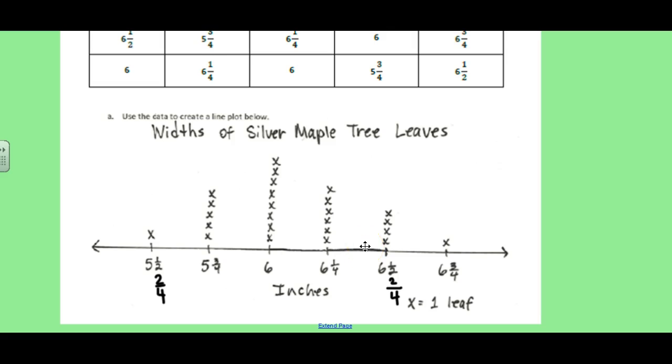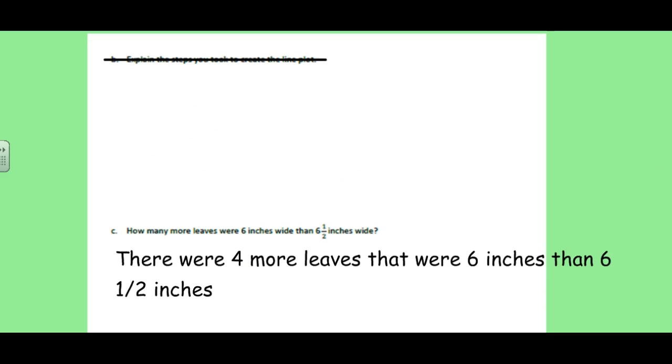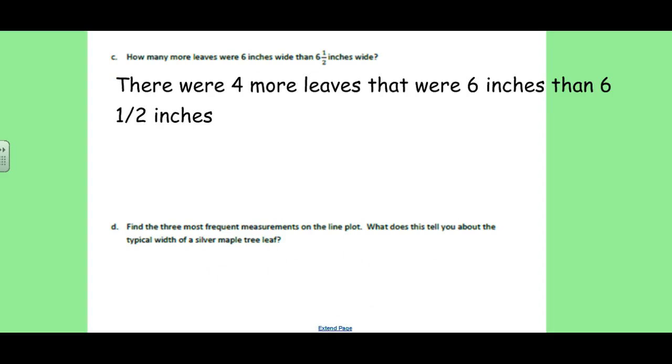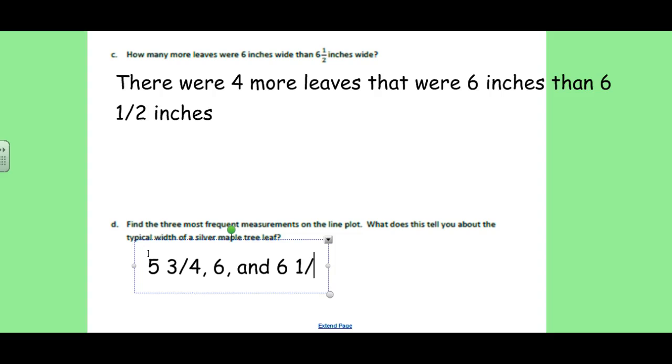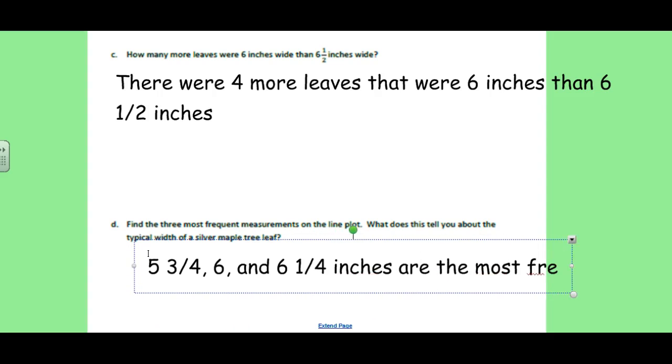So that's the first thing that we're going to have to answer, just putting down the measurements of the 3 most common ones. So 5 3/4, 6 inches, and 6 1/4 inches. Hopefully I can remember that when I'm typing it. So 5 3/4, 6 and 6 1/4 inches are the most frequent measurements.